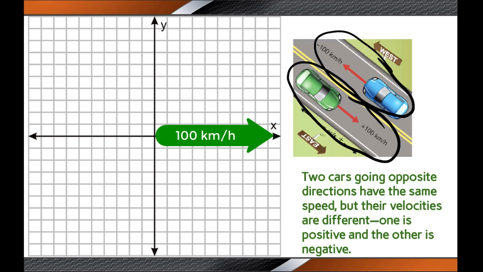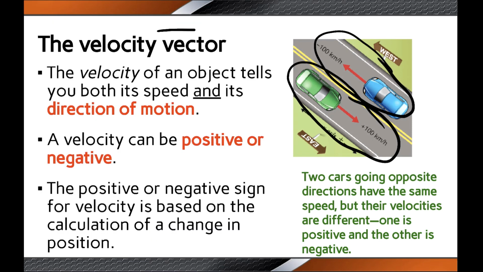A good example of this would be if these two cars were moving, we have one to the right and it's traveling at, let's say, 100 kilometers per hour, but it encounters a headwind. That's the velocity that the car is able to do, but the headwind is producing, let's say, a 20 kilometer per hour headwind.